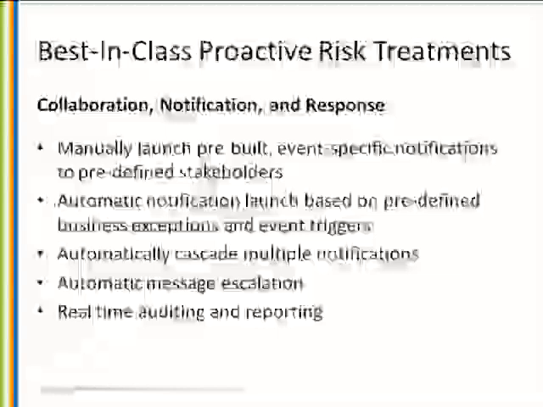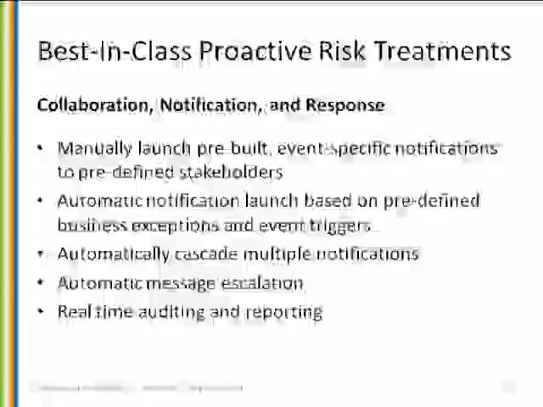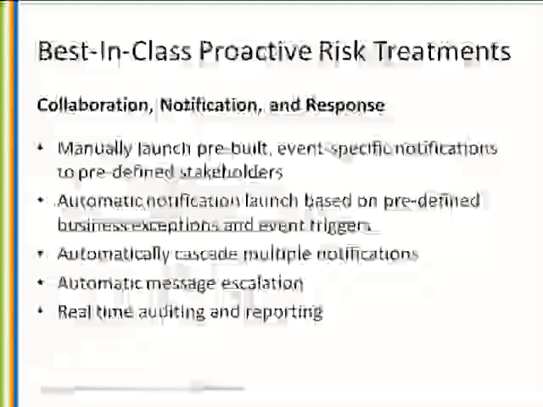The ability to launch a pre-built event-specific notification is important so that you know what the message is going to be, you know who the recipients are, you know the escalation options that can be defined if certain recipients aren't available to take action, as well as knowing what to do with the response relative to a pre-built communication strategy.